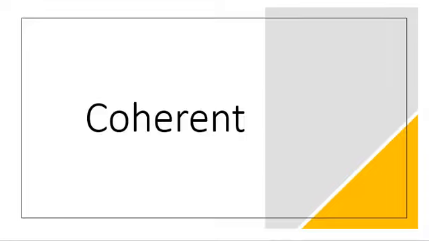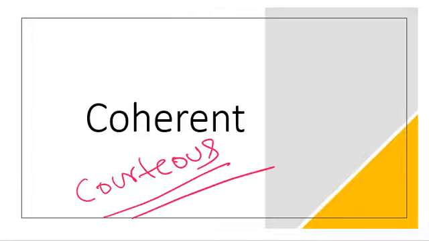So one more C is courteous. Last one. So being courteous is of profound importance in a corporate world, right? So individuals who work together are not necessarily friends, and therefore to maintain a healthy working relationship, being courteous is a necessity.